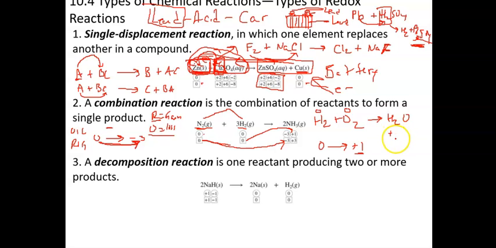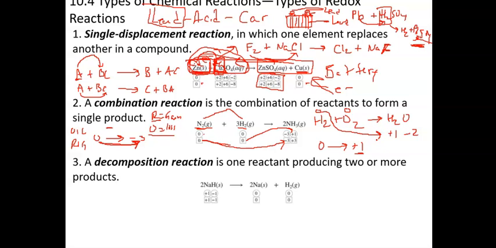Hydrogen is in the 1A column, so it becomes +1. Good. And what charge does oxygen always have? -2, exactly. So my hydrogen is going from a 0 to a +1.